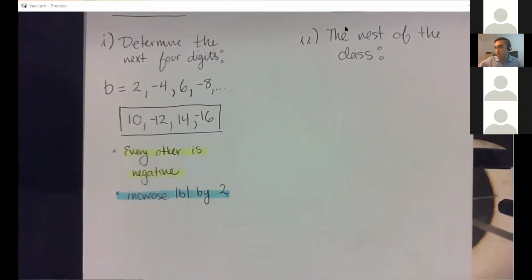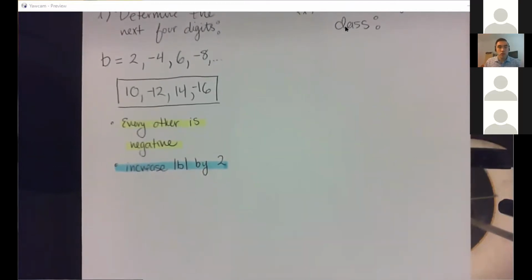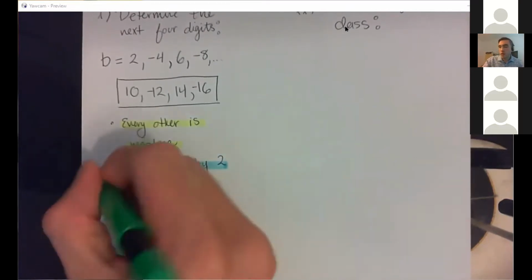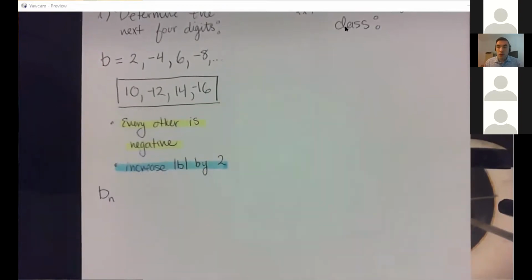And this is a geometry type task to just be asked to do this. However, the thing that's going to make this a pre-calculus type task this chapter is the fact that I will need you to then write this out as a function. And here is probably the simplest way to state what is generating this. We could say that our sequence is b sub n, where n is basically what number it is within the sequence.